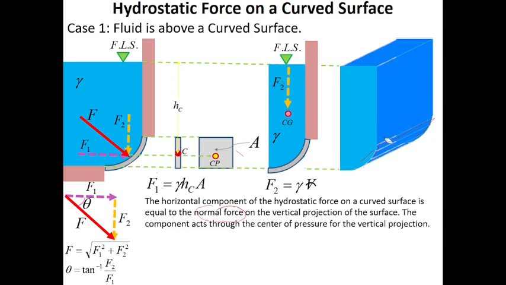So, in that case, ito yung ating formula for finding F2. No? Yung F2 na yan, equal yan sa weight of the liquid. Ang specific weight is weight over volume.